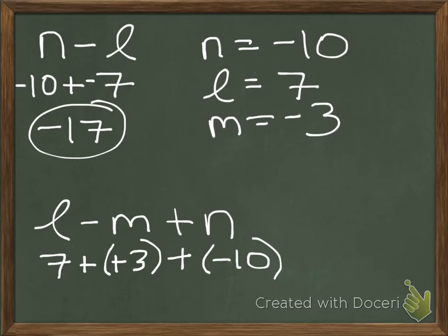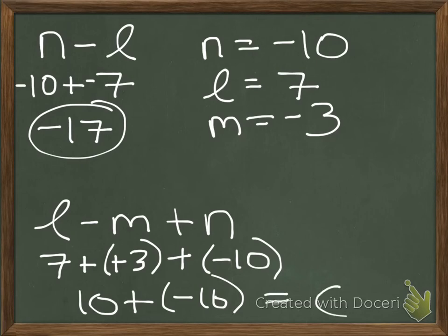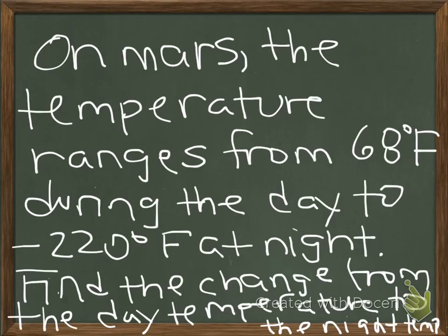And then we already have a plus, so we don't do any save, change, changes for the rest of the expression. And then we're going to solve, so we have 7 plus 3, which gives us positive 10, plus negative 10, and that's going to give us actually 0, because when we add the opposites, our answer is 0.